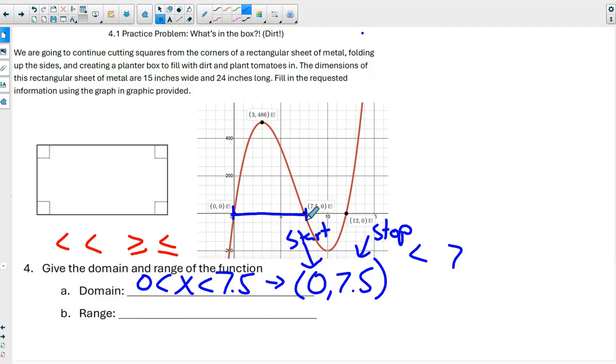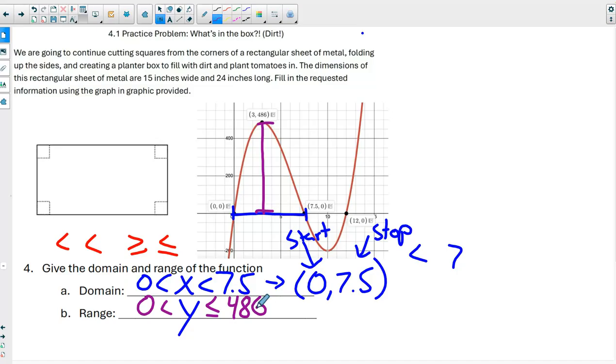Range deals with Y, so I'm going to throw Y in here. This goes from 0 all the way up to that 486. So it looks like this. Why did I put an equals bar on the bottom of that one? Because it's at 486. I can actually make that box.